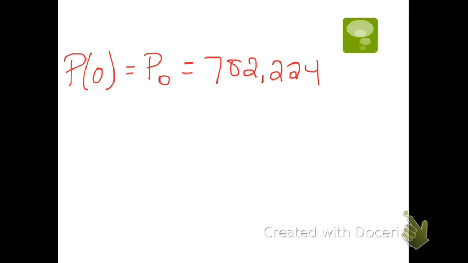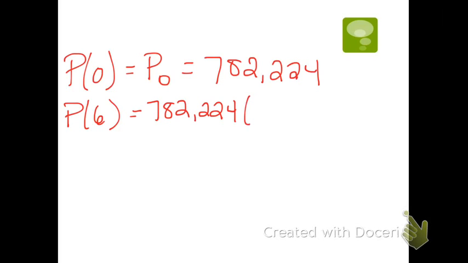And then we know that P of 6 is equal to P sub 0 times b to the t, where t is 6, and that's equal to 838,744.